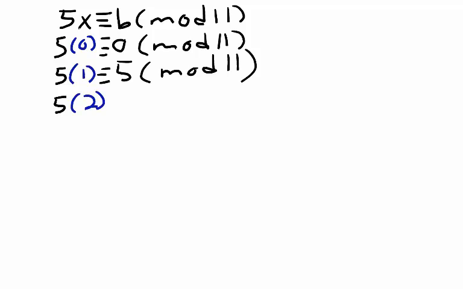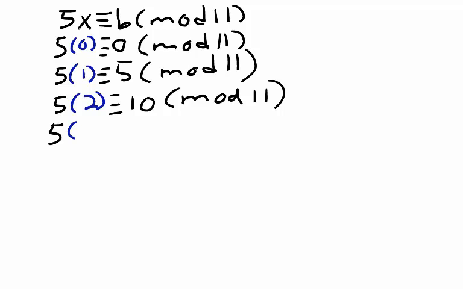5 times 2 is congruent to 10 mod 11, since 11 divides into 10 0 times with a remainder of 10. 5 times 3 is congruent to 4 mod 11.